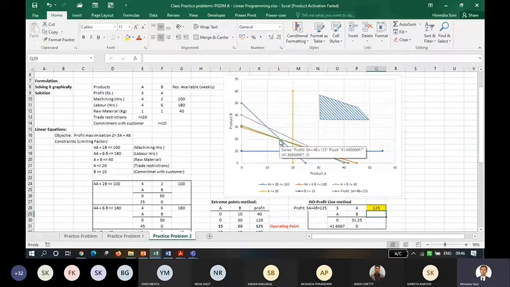That says this is my operating point, where the profit would be maximum with 125 as my profit, and my operating point would be 15, 20.